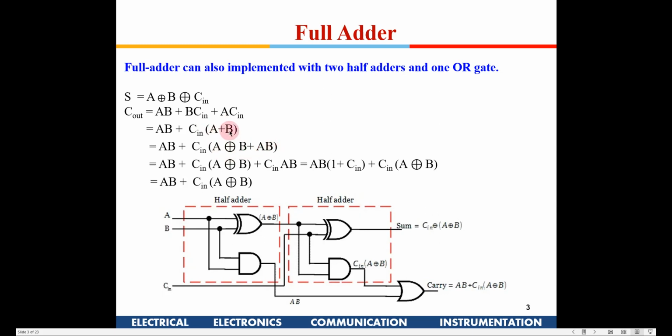A or B has got 3 conditions, other than 0 0: 0 1, 1 0 and 1 1. The same thing is A XOR B, which has 2 conditions, and AB is the other condition.